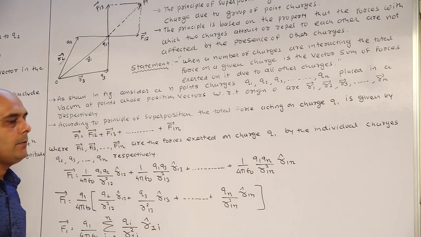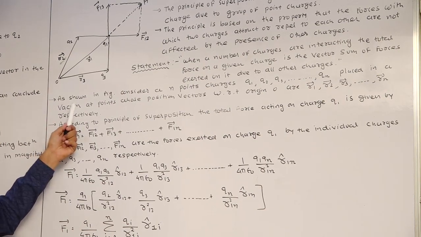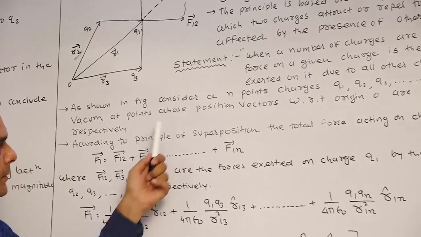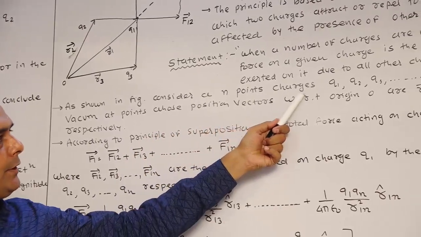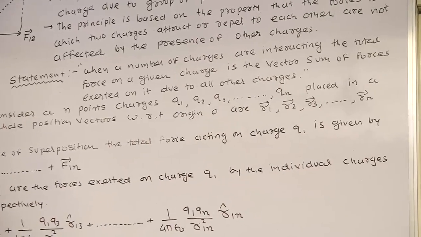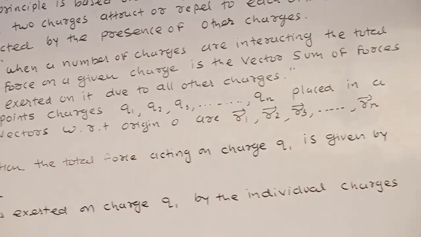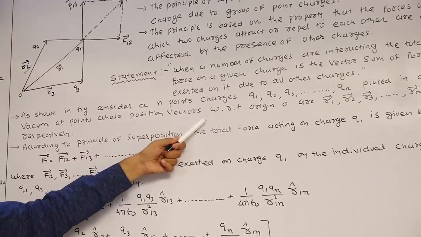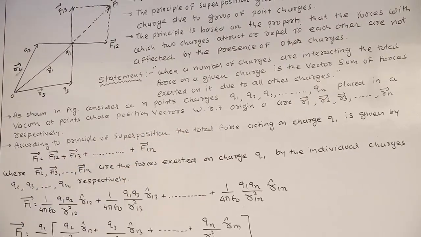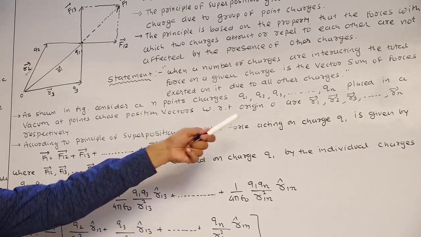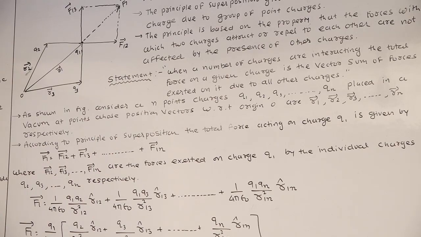Okay? So now, student, from the diagram we can say that, as shown in the figure, consider n point charges Q1, Q2, Q3 up to Qn placed in a vacuum at points whose position vectors with respect to the origin are vector r1, vector r2, vector r3 up to vector rn respectively.